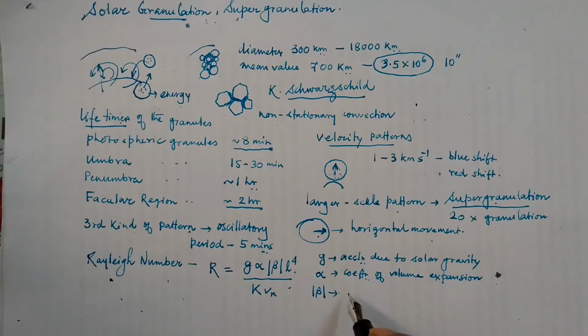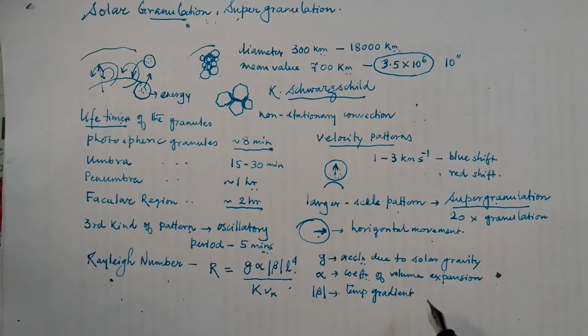Beta is the temperature gradient. Now you see that for this beta we are using the absolute value, because the temperature gradient can be negative or positive. It is the temperature gradient of the particular level that we are considering.